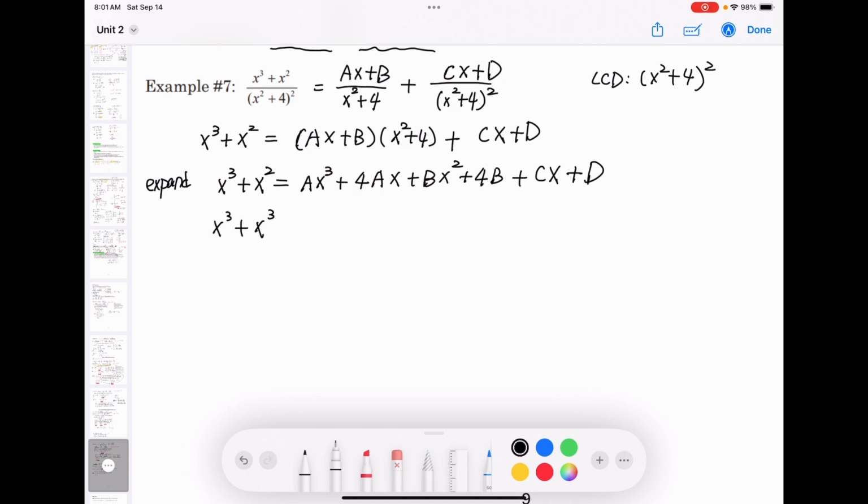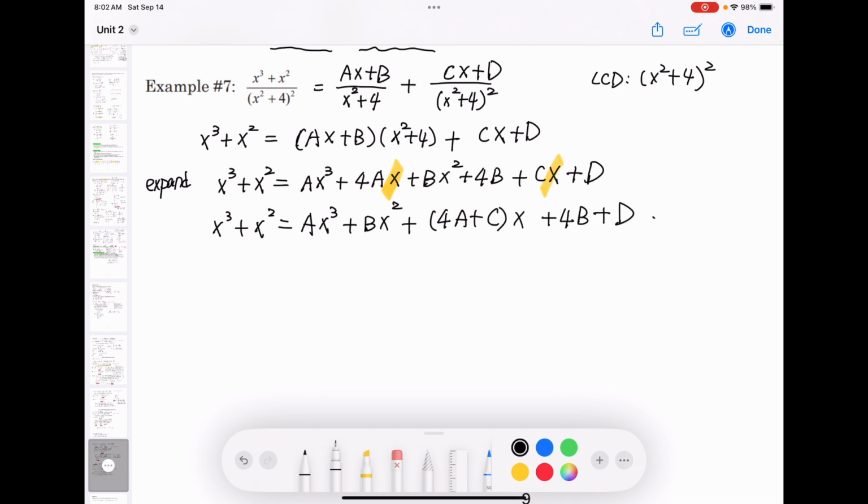Don't combine our left and right together, only combine the right-hand side. Let's highlight the like terms. Cubed, no other cubed. So I don't have to highlight cubed. I can highlight the square. Nothing can be combined. And let's highlight the x part. At least the x can be combined. So let's reorder it: ax cubed plus bx squared plus 4a plus cx, then plus 4b plus d.